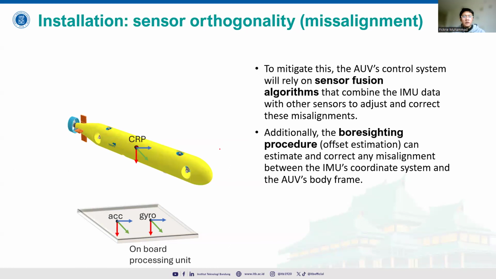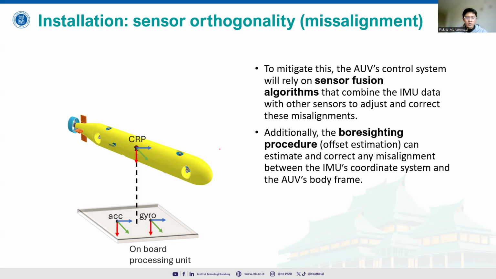But to mitigate, one of the things that we have to consider during the installation is of course the sensor orthogonality. We know that we have to mount our sensor at the center reference point to avoid any transformations between the body frame of the AUV and the IMU frame, so that the IMU frame will be mounted rigidly and aligned to the AUV frame.